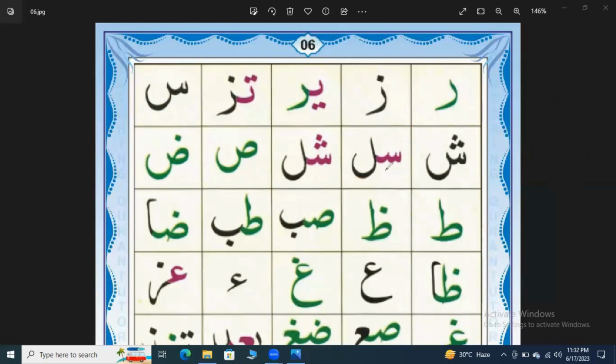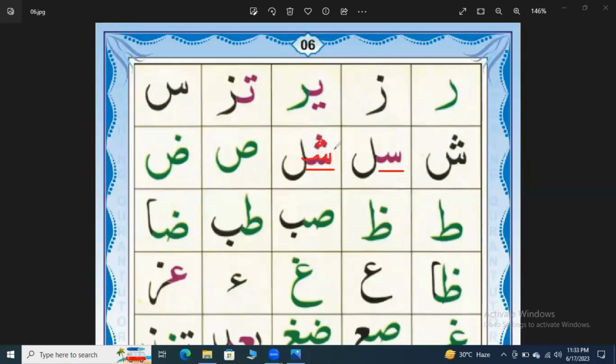Next one. Now the same seen is taken and written here with three dots on it. So when we add three dots on the top of seen, it becomes sheen. We have already learned that the only difference between seen and sheen is that seen has no dots and sheen has three dots on the top. So it has three teeth, and on the top of that, three dots are written.